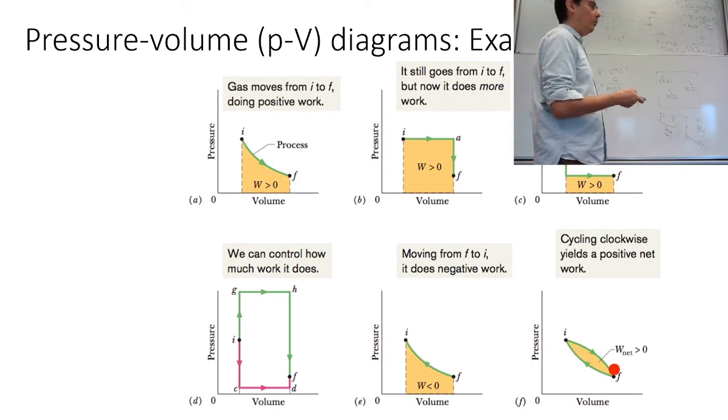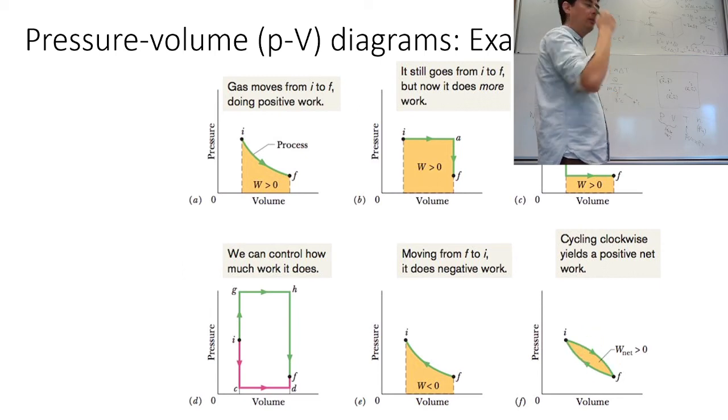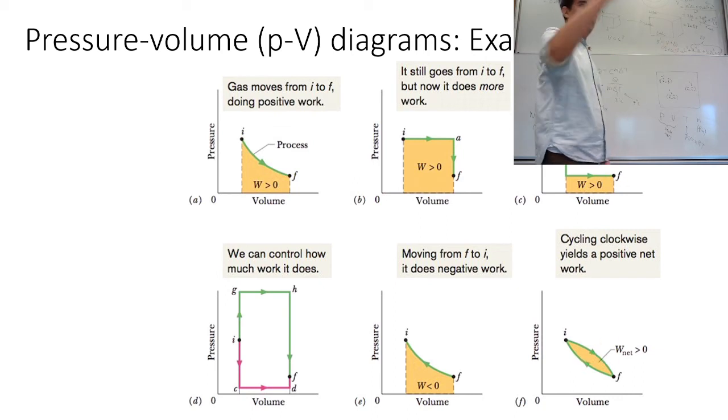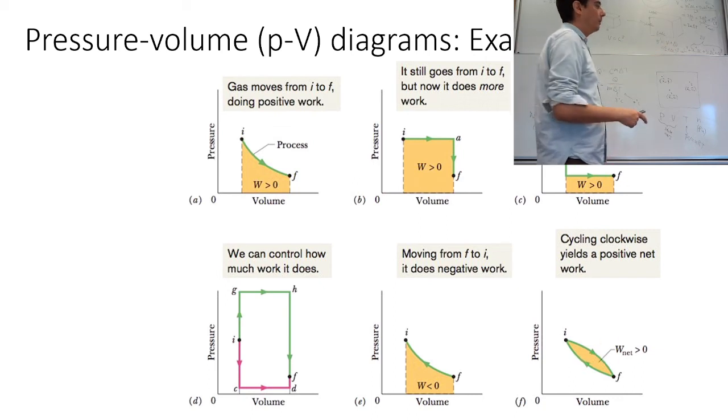So the work that the gas does will actually be the area of this closed loop cycle. Right? So you can figure out how much work a gas does in a cycle by finding the area within that loop.